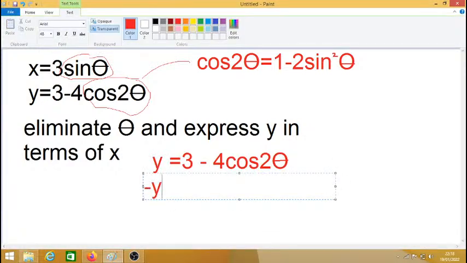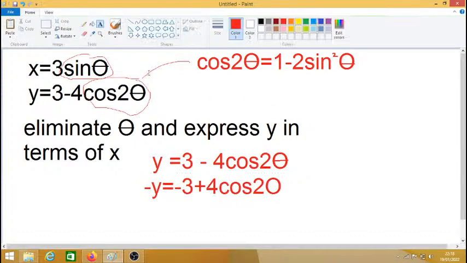So minus y is equal to minus 3 plus 4 cos 2 theta, just making the cos 2 theta part positive. That way it'll be easier to rearrange. So now the minus 3 can come over, and that will be a plus 3.